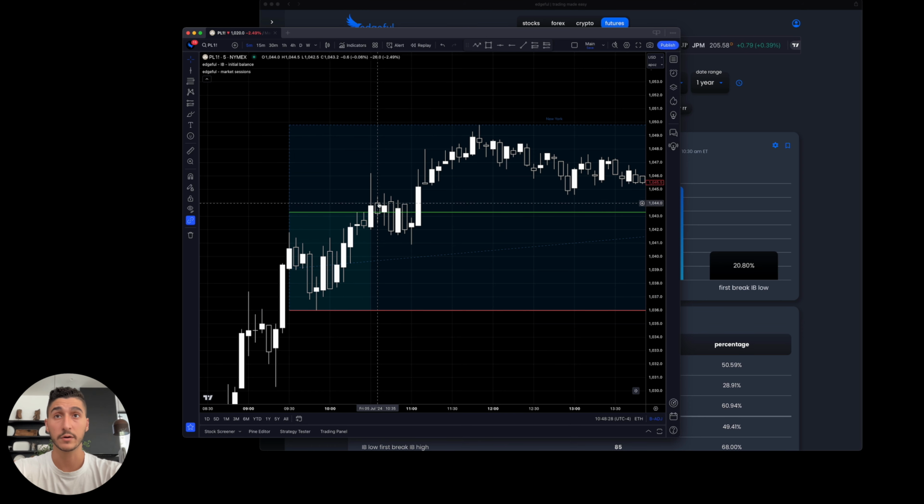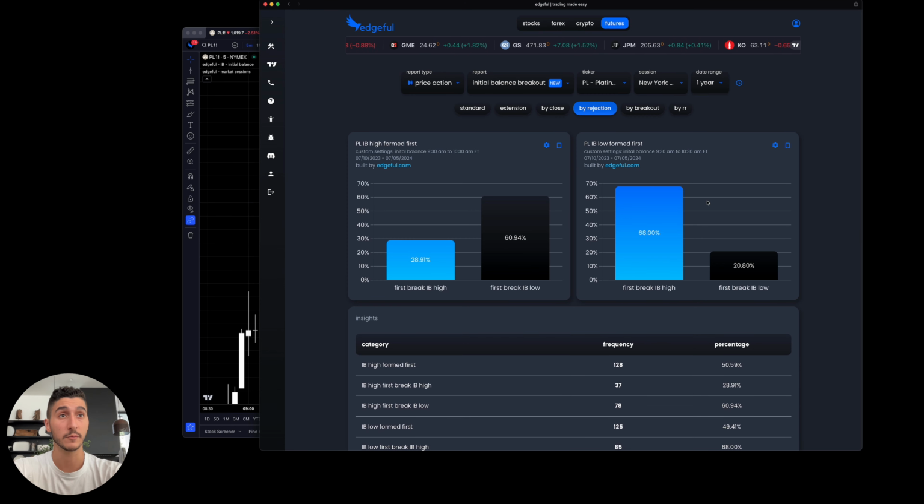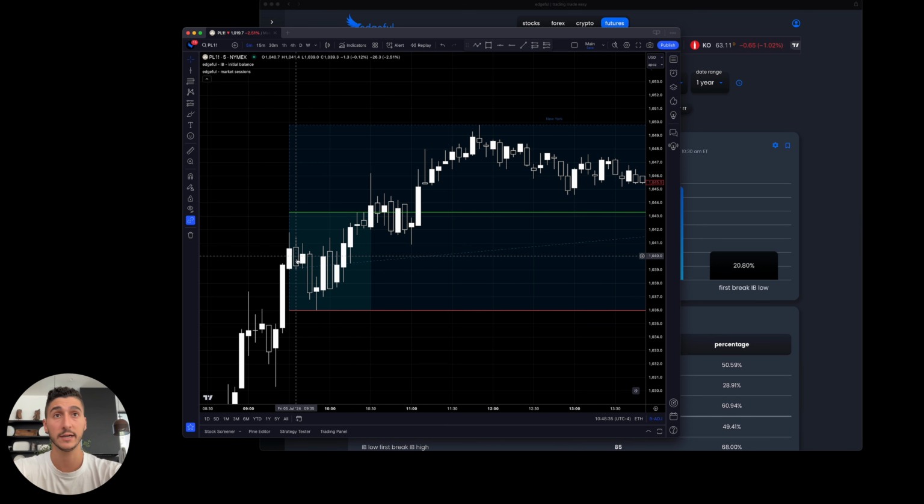So the order in which the initial balance low and the initial balance high were made is how you determine what chart to look at. In this case, on this day, the low was formed first, and then the initial balance high was after, obviously.